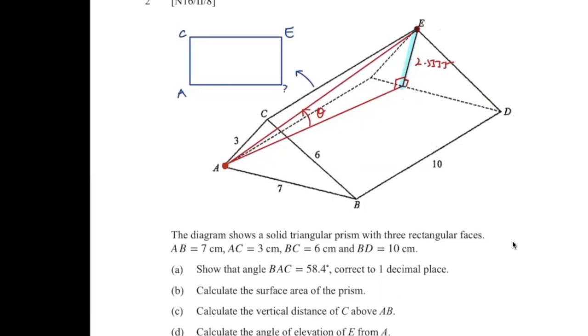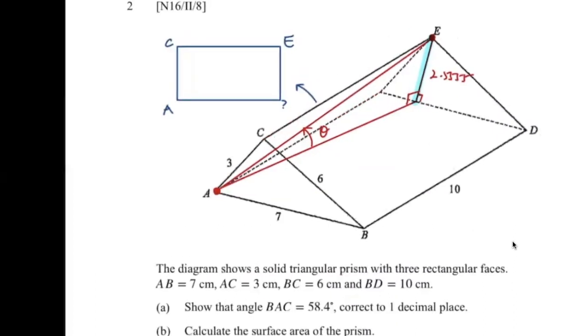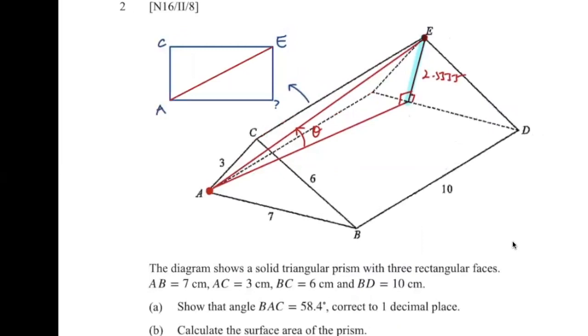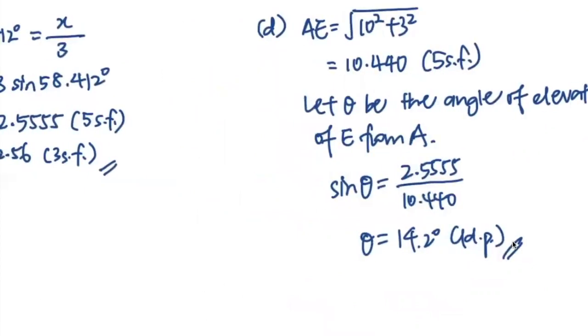Your aim is to find AE. You know that this is 3 and this is 10, which means that in this rectangle, you can find AE using Pythagoras theorem. Once you have AE, you can use your tokasu to find the angle of elevation. You should be able to get 14.2 as the answer.